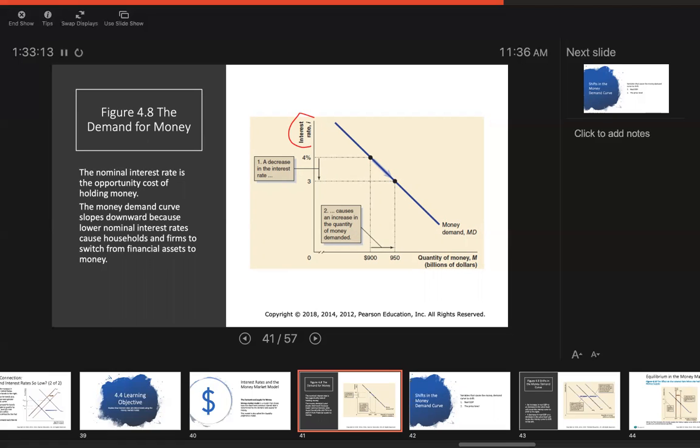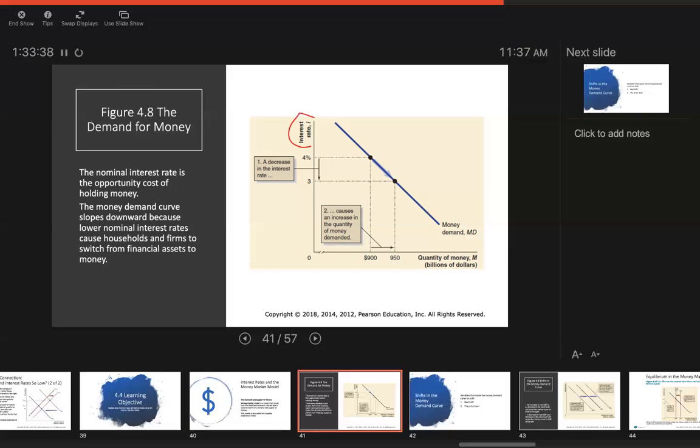What is the price of money? The price of money is the interest rate on it. Because if you think about it theoretically, the price of anything is what you have to give up in order to possess that thing.